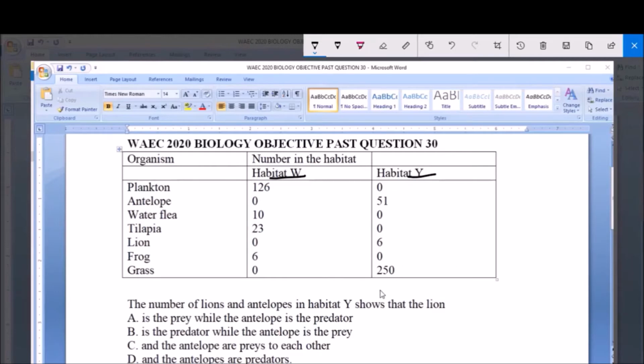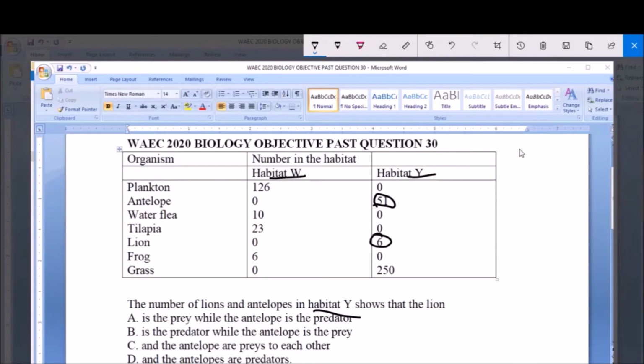Now let's take a look at the number of lions and antelopes in the habitat Y. Now the antelope is 51 in number and the lions are 6 in number.